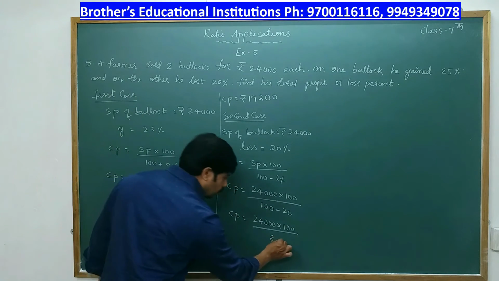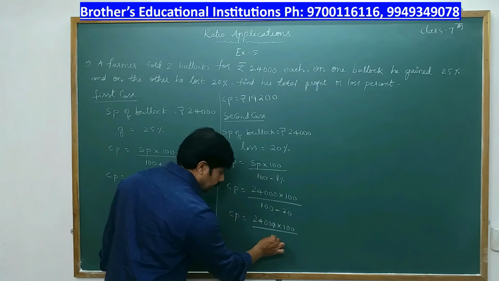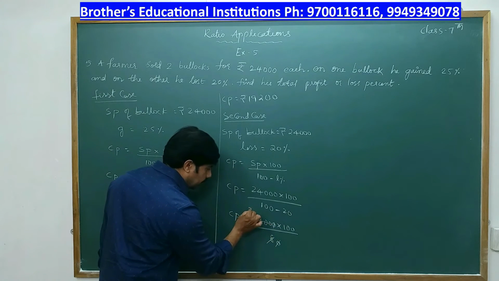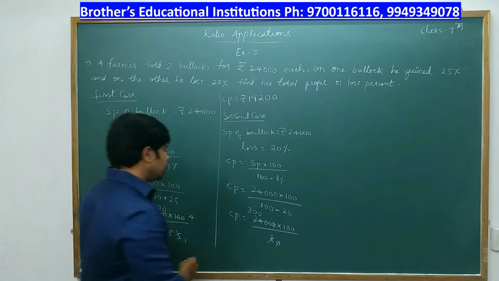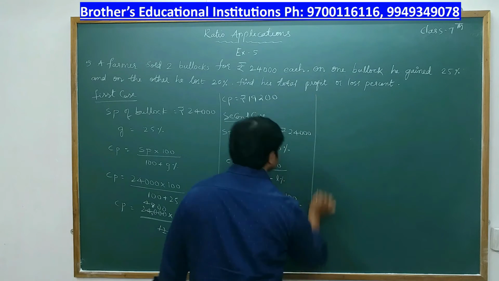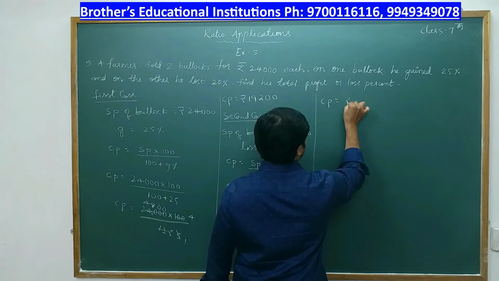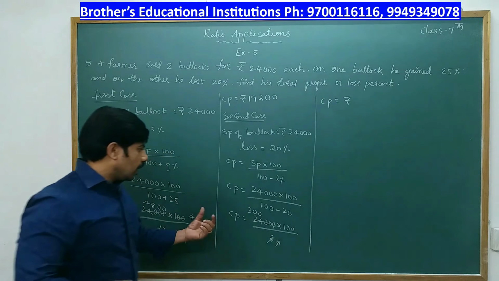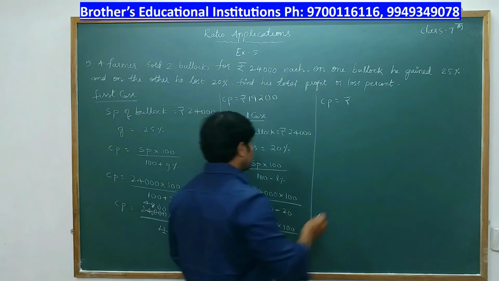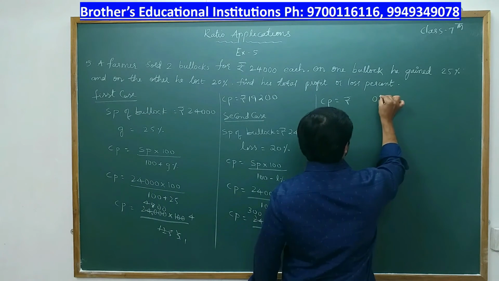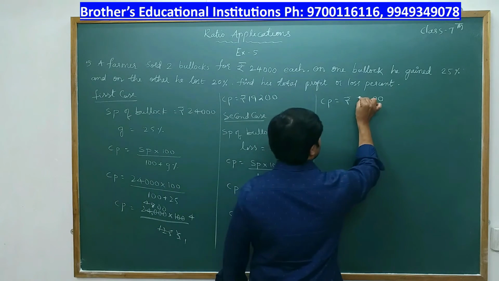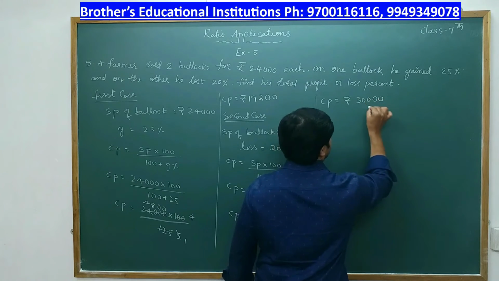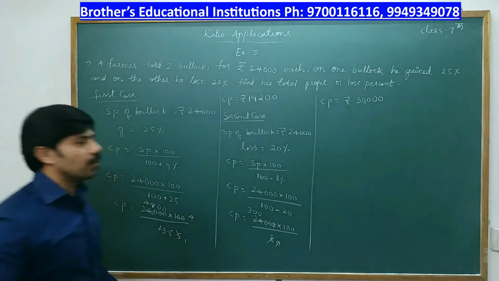So the 0s we can eliminate, 8 1s are 8, 8 3s are 24, 8 zeros are 0. So now what is CP? CP is equal to rupees 300 into 100, right? 100 zeros are 0, 100 3s are 300. It is 30,000. So what cost price are we getting? It is 30,000.